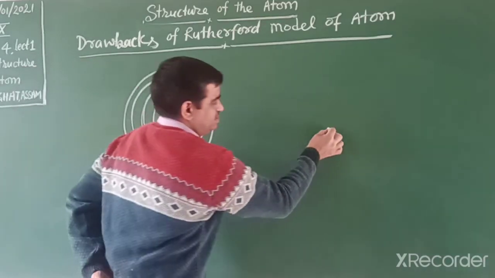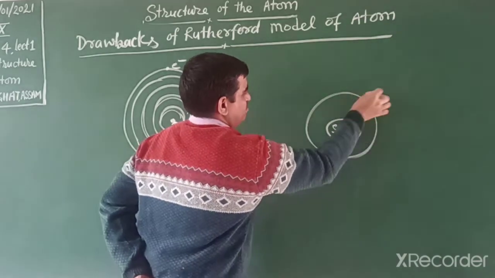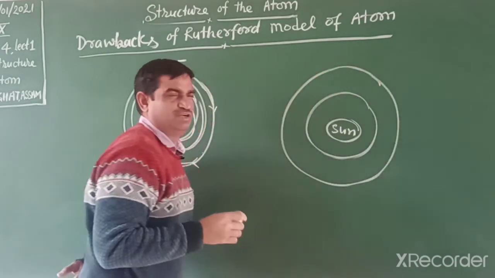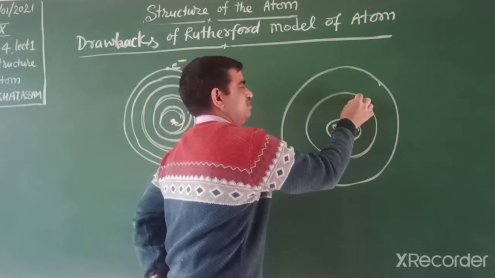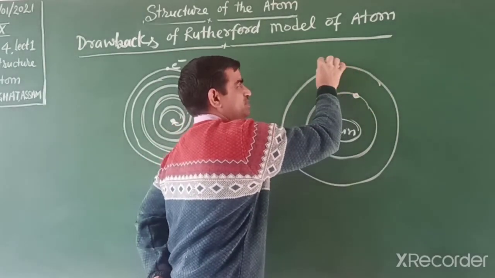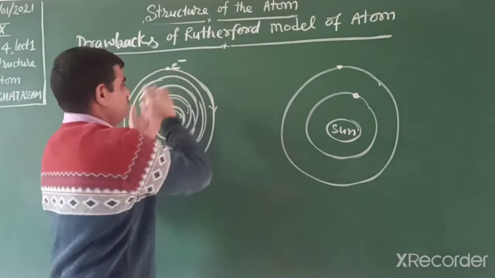Why? In the solar system model, the sun is at the center and planets revolve around it. They are stable for a long time, like Mercury, Venus, Earth, because they are not charged objects, but an electron is a charged object.